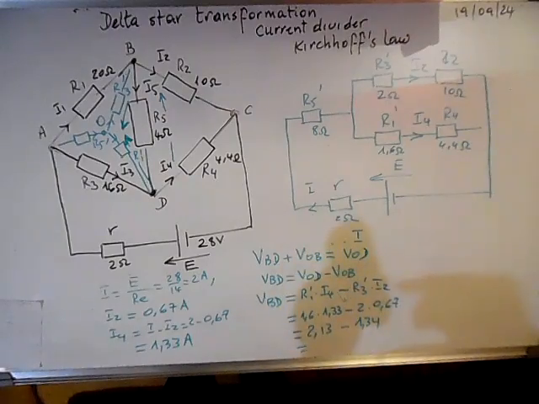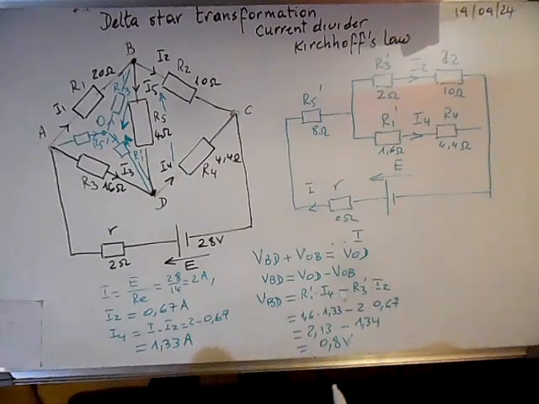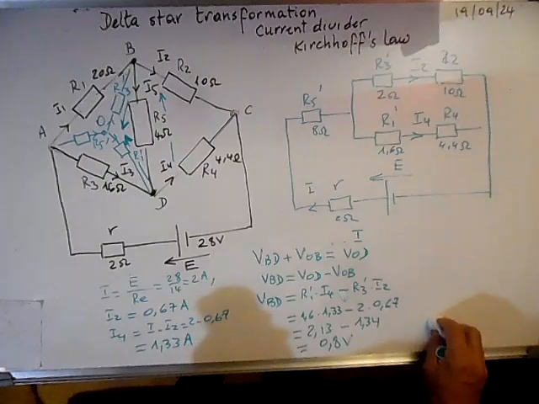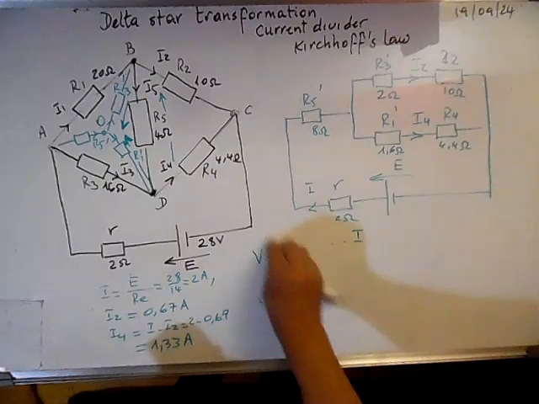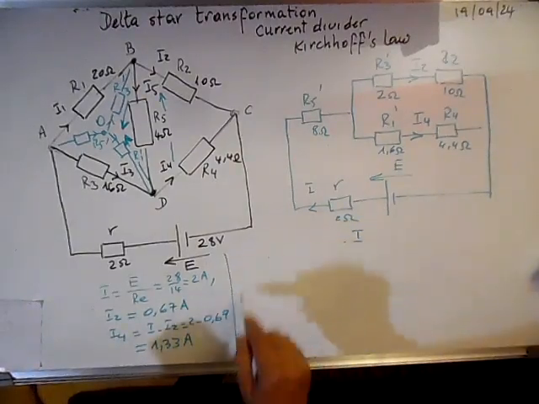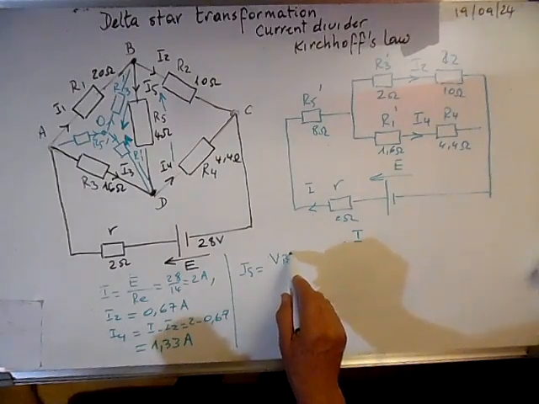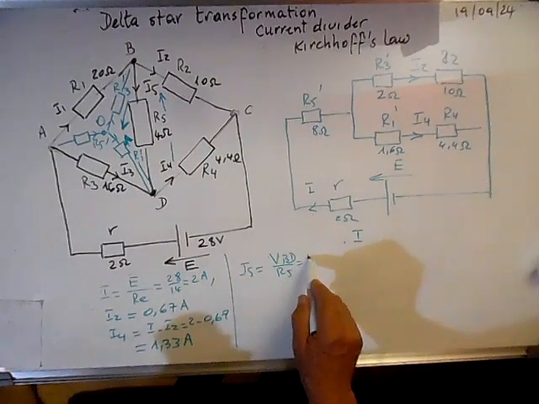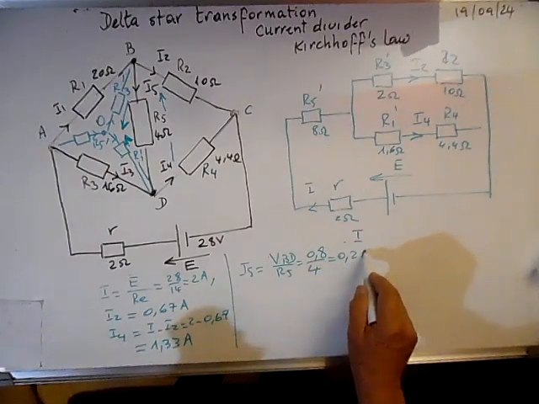So it means VBD is about 0.8 volts. And from here we can calculate I5. I5 will be equal to VBD over R5, and it's 0.8 over 4, it's 0.2 amps.